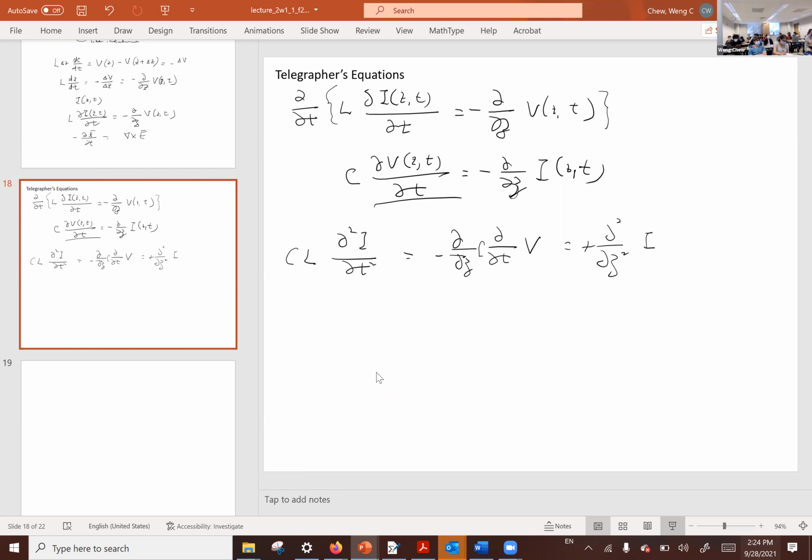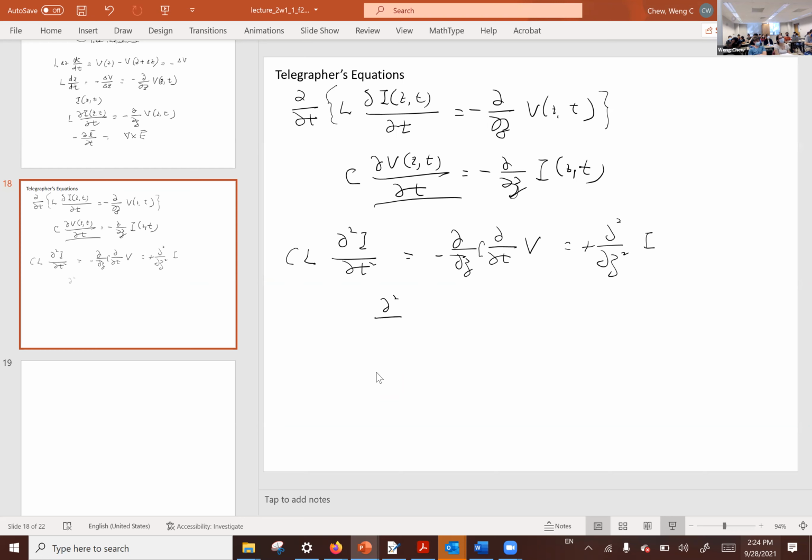So I combine the two equations. I have this equation, and this equation is familiar to all of you. You have studied it before. What do we call this equation? Second derivative in time, second derivative in space, this is one dimensional. Very good, it is the wave equation that we studied earlier in the course.